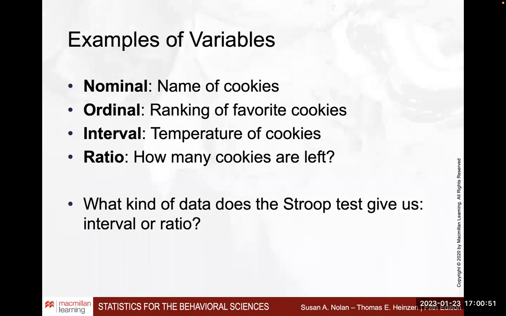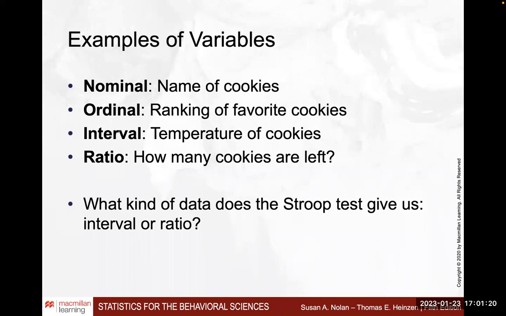You have nominal variables. That is the name of the cookies, whether it's chocolate chip, oatmeal raisin, whatever cookie you want to list there. This is the nominal variable. The ordinal variable is the actual ranking of your favorite cookie. If you say on a scale from 1 to 10, how do I like these cookies, right? So this scale from 1 to 10, that's your ordinal variable.